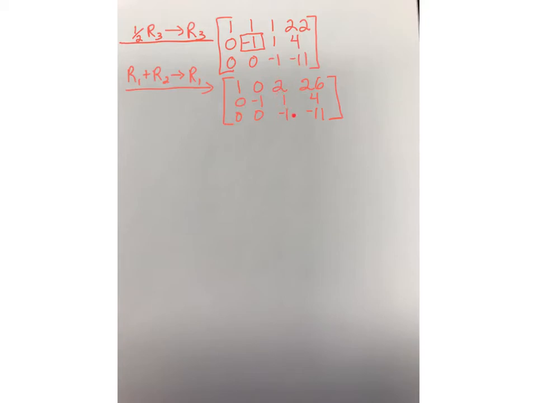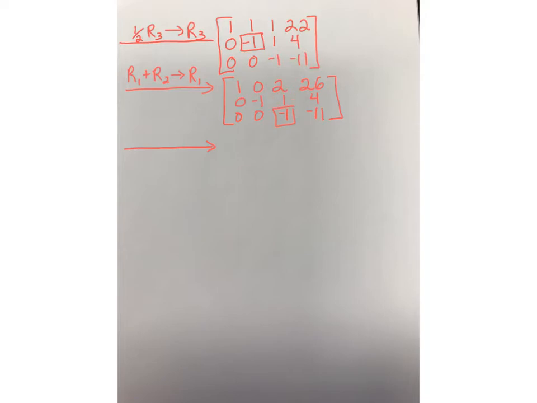We're going to use this -1 here as our pivot. Okay, so make sure you understand that. So now this -1 is going to be our pivot, and the operations that we need to do to create zeros in those positions where we see the 2 here and the 1 here.